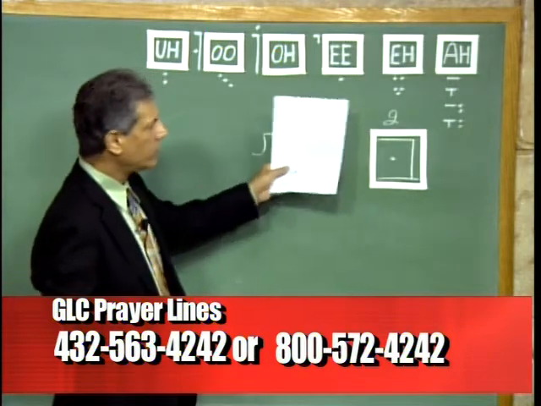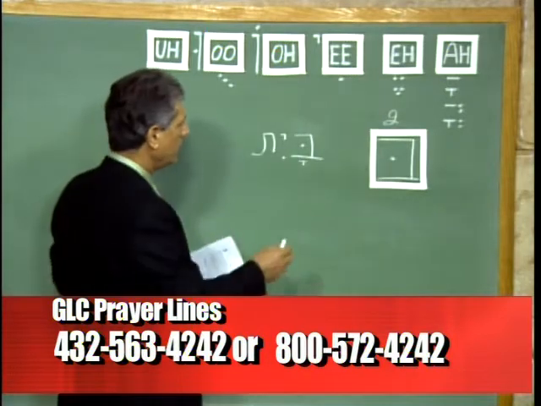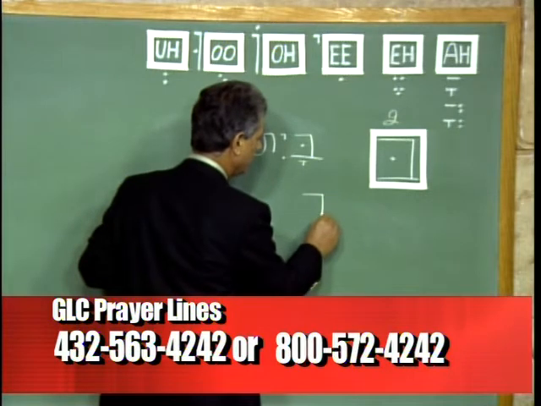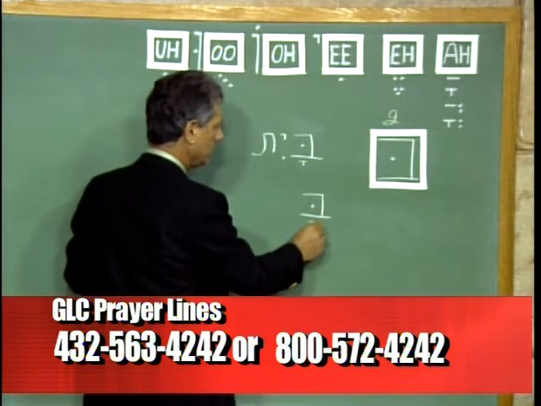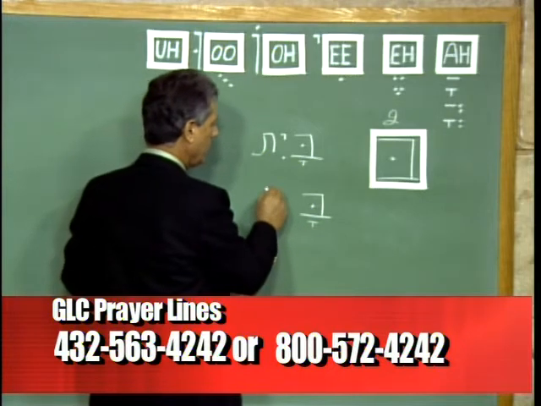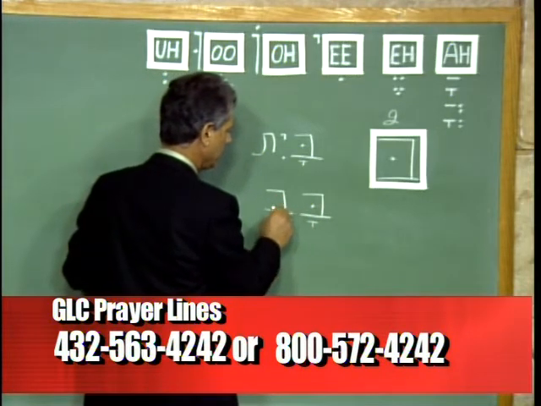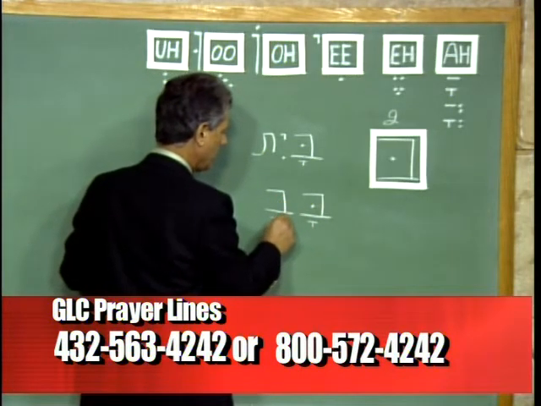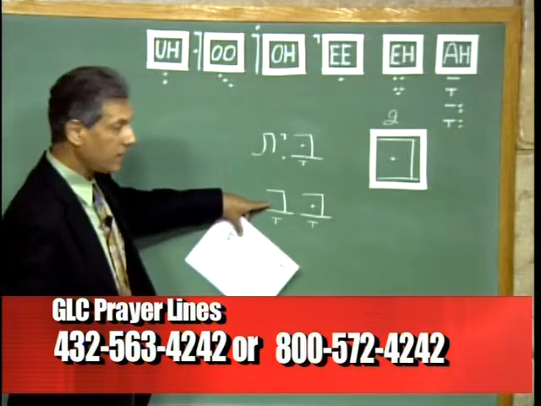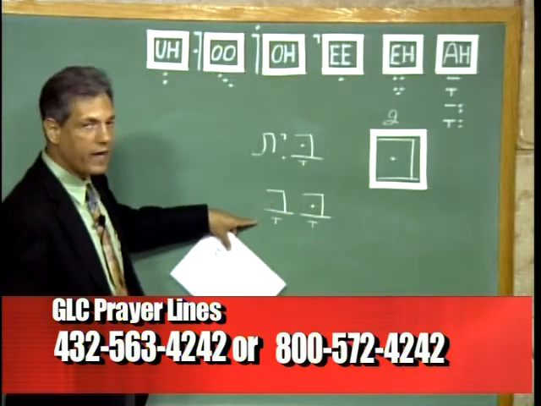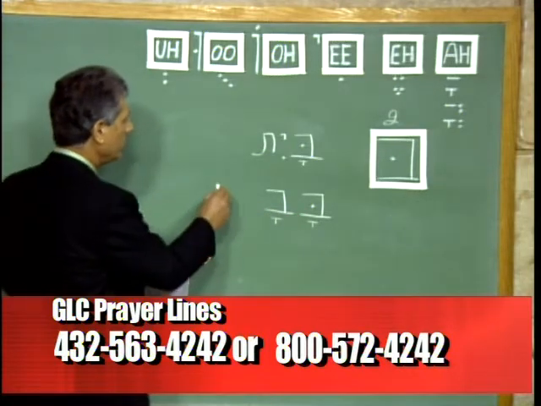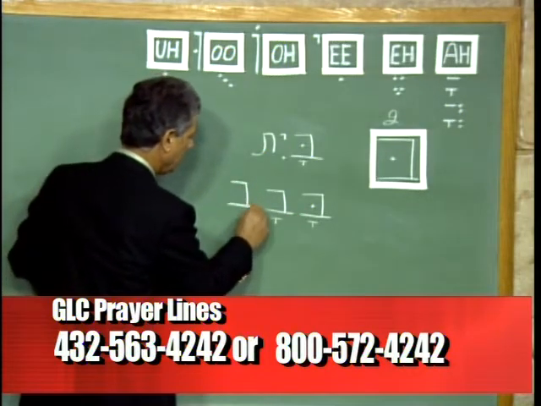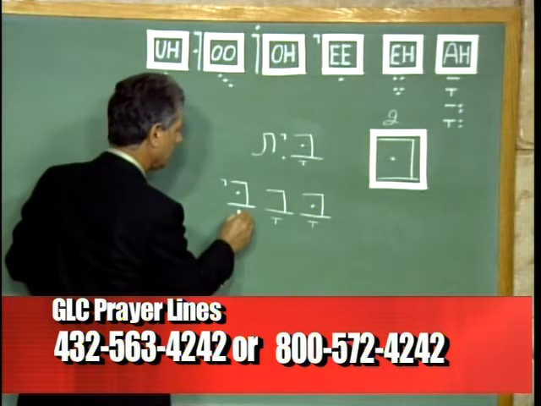And now if we put the vowels to work, then we'll have a Bet with an A sound, Ba. We have the Bet with an A sound without that dot in the middle, that will be Va. So we have a Ba and a Va. And we can do a Bi like this.